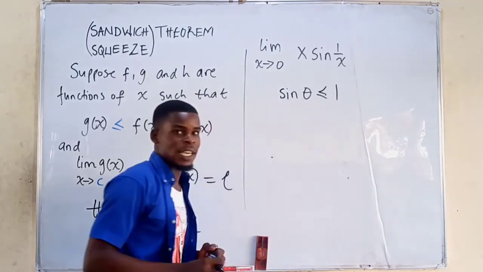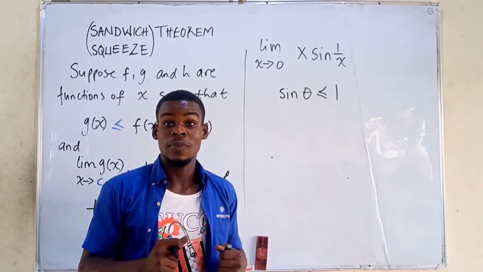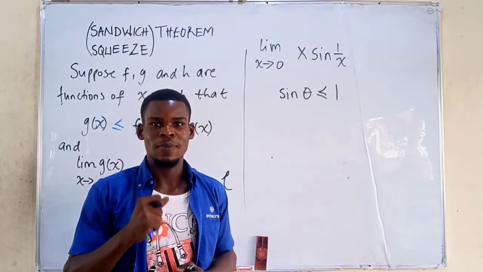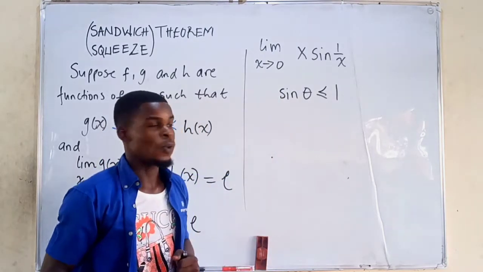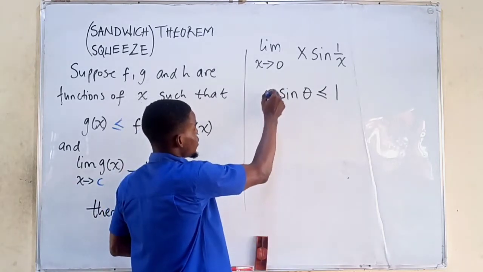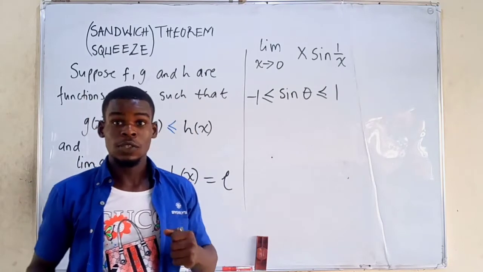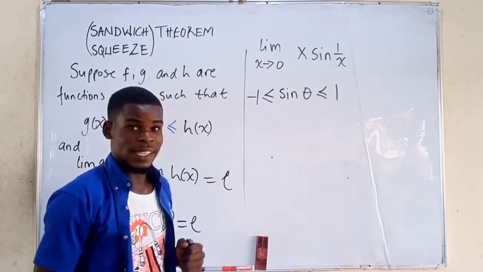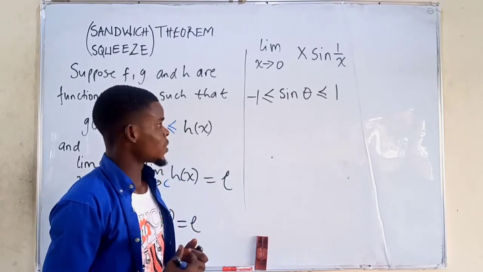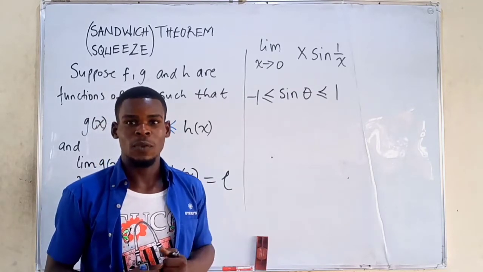If you take the sine of any angle, the result cannot be more than 1, no matter how big the angle is. And this is in turn bigger than or equal to negative 1. There's no angle whose sine will give us a result less than negative 1. So the sine of any angle lies between negative 1 and 1, with negative 1 and 1 included.